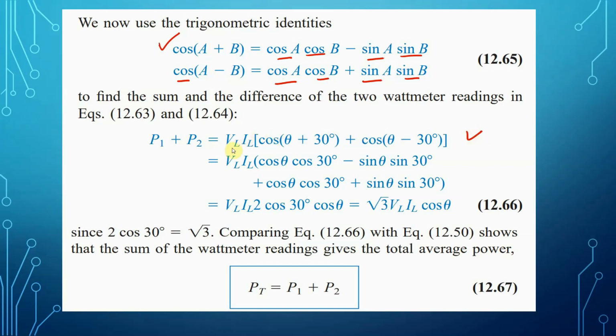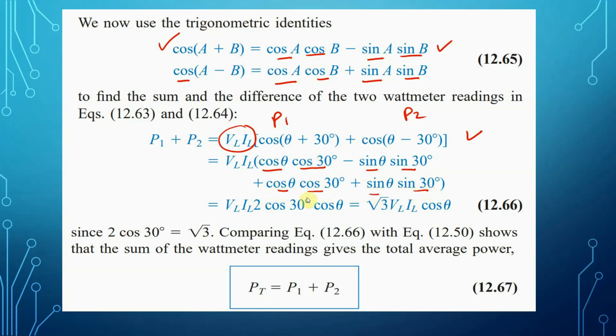We can say that if we add P1 plus P2, this is P1. Okay? We factor out VL IL, right? This is for P2. So cosine of theta plus 30 is equal to cosine theta cosine 30 minus sine theta sine 30, following these trigonometric identities. Plus, the other side, we have cosine theta cosine 30 plus sine theta sine 30.